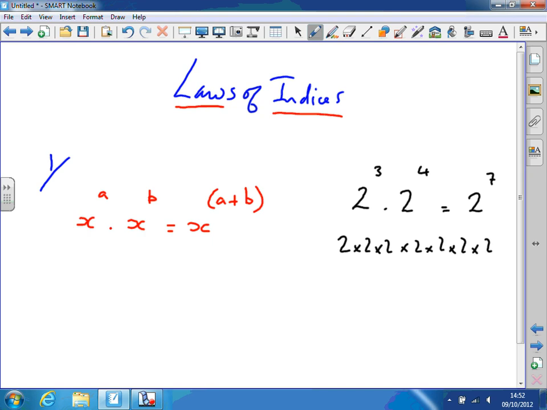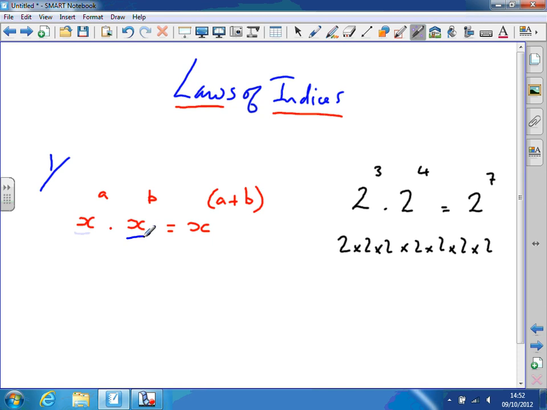So I think you can see that we've actually got 7 2's multiplied together. So it's fairly obvious that we just add the powers. And so the law is, whatever the power is, and as we'll see, the power can be a fraction as well as a whole number, if you've got the base the same, x in this case, so x could be any number, but if it's x there and there, it means it's the same in both cases, then you can add the powers.